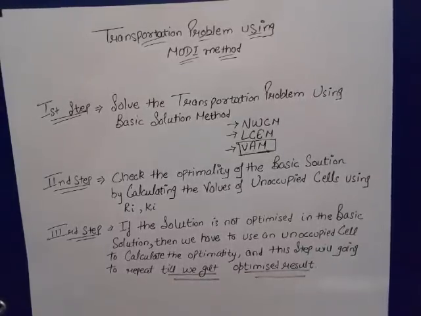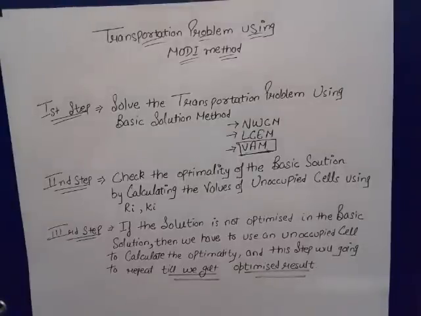So if there is any negative value in the unoccupied cell, we have to choose it and make the changes to get the optimized result.